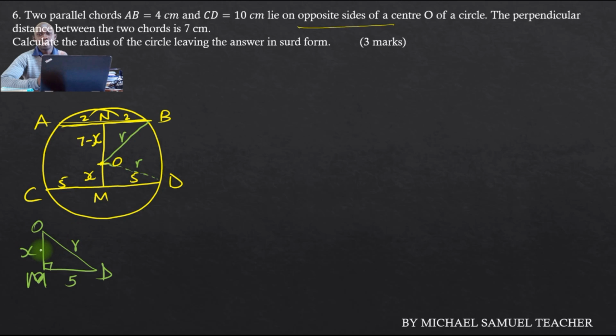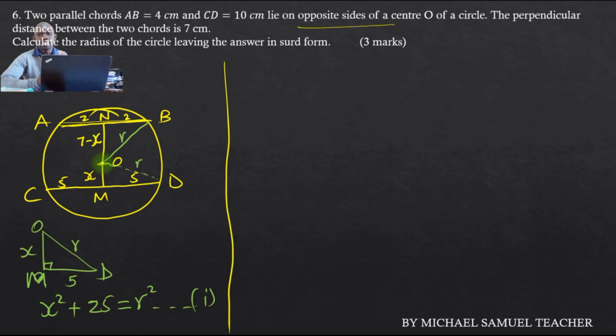So using Pythagoras theorem, opposite squared plus adjacent squared is equal to hypotenuse squared. So x squared plus 5 squared, which is 25, will be equal to r squared. Let us call this the first equation.